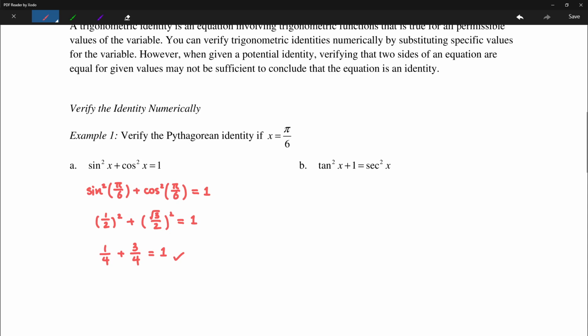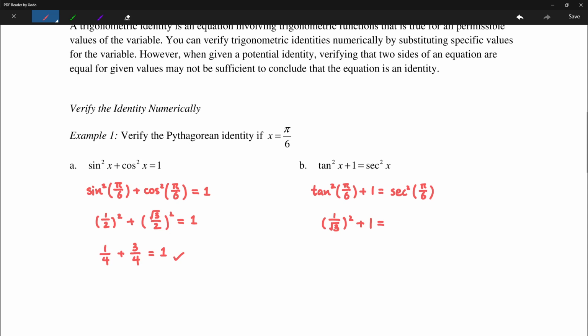Likewise, on the right hand side, tangent square pi over 6 plus 1 is equal to secant squared pi over 6. So tangent square pi over 6 we know is 1 over root 3. Again, both these questions are done using the special triangles.